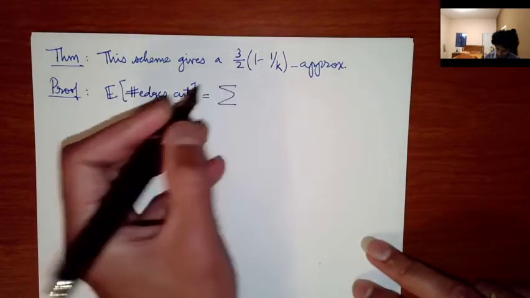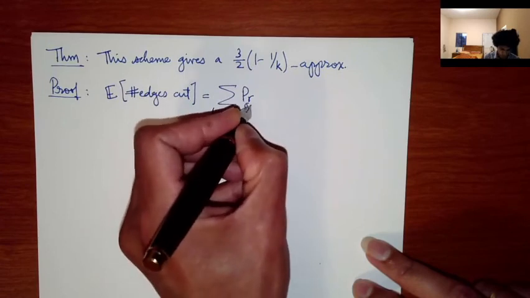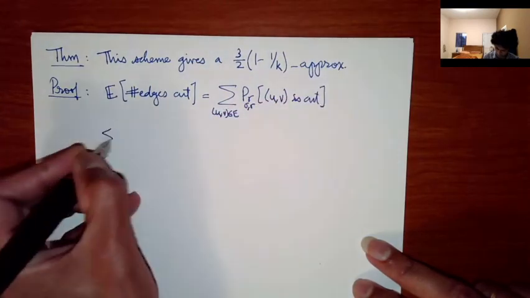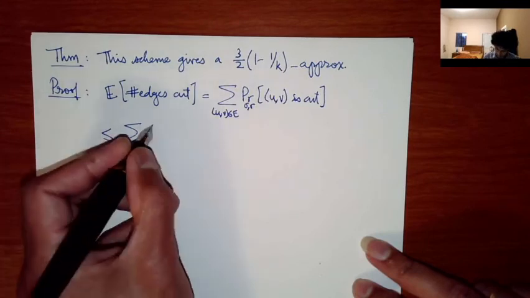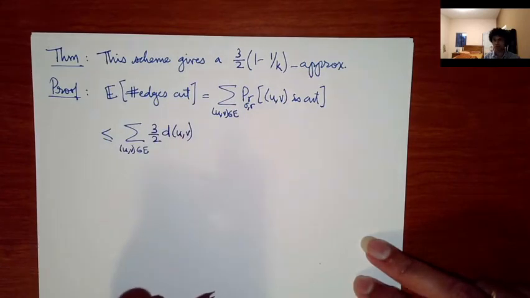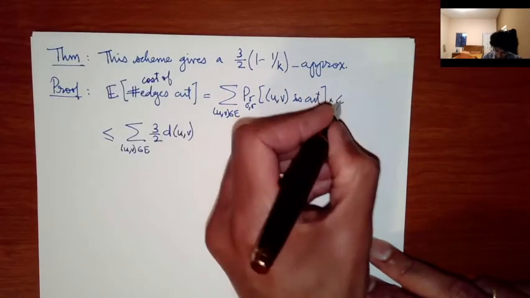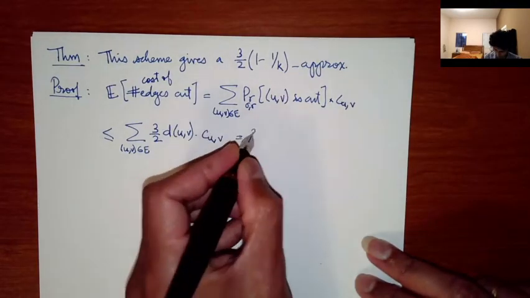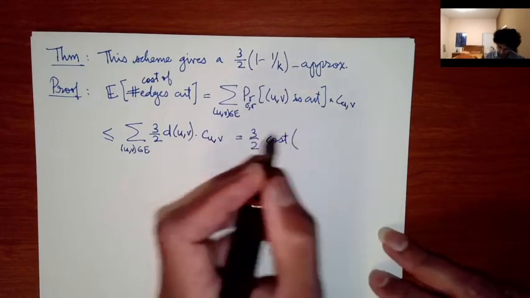And the proof is saying that the expected number of edges cut is equal to, by linearity of expectation, the sum over all uv in E of the probability over sigma and r that uv is cut, which is at most the sum over uv in E of 3/2 times the distance. So the expected cost of edges cut is this times c_uv, which is equal to 3/2 times the cost of the LP solution.